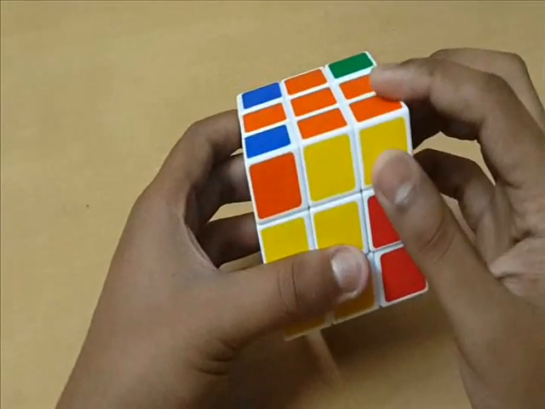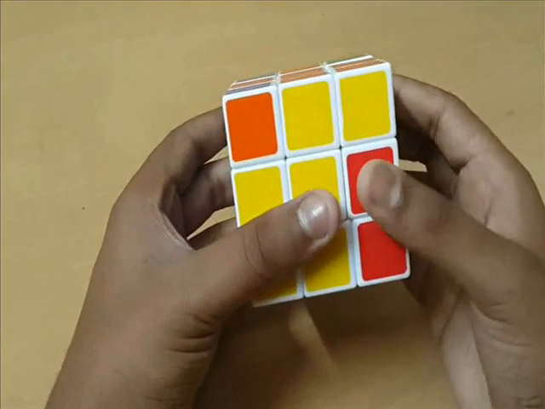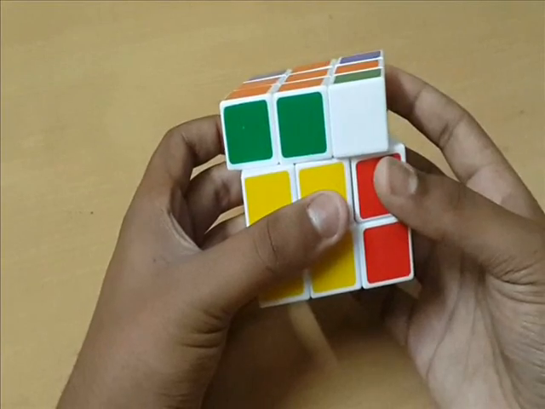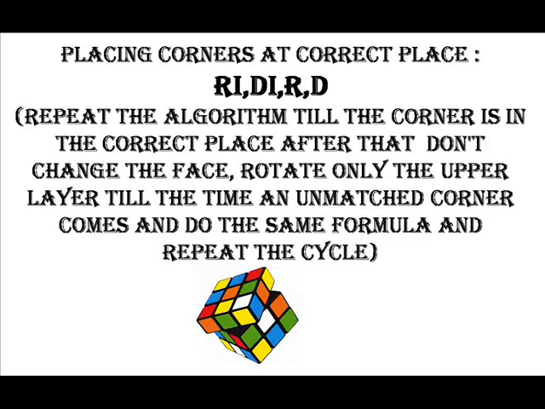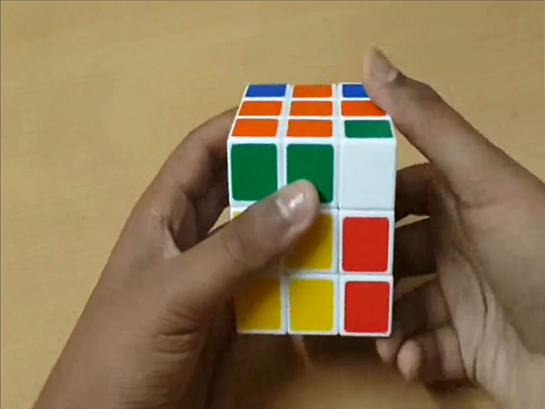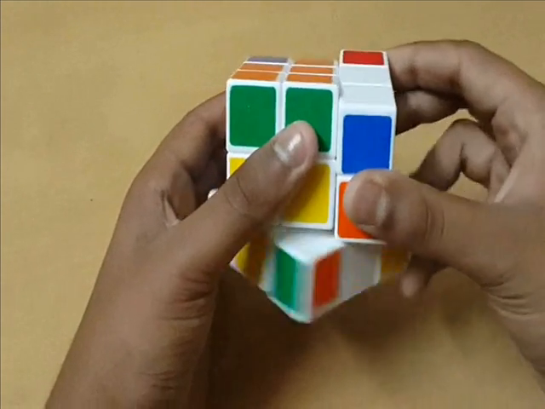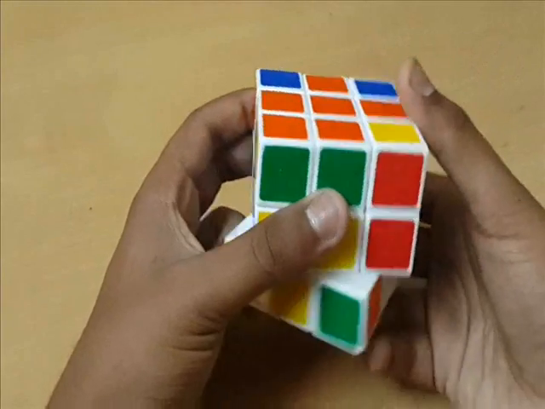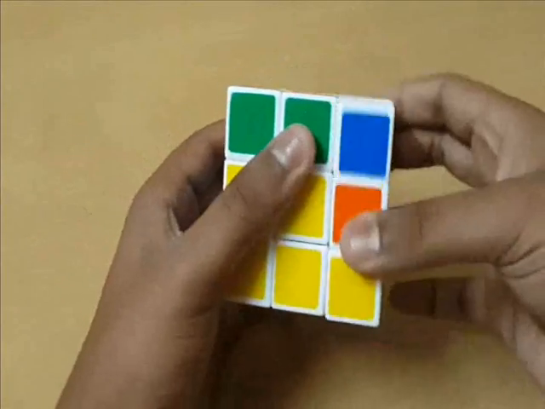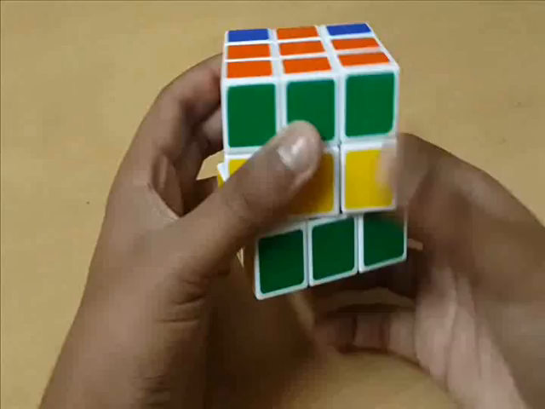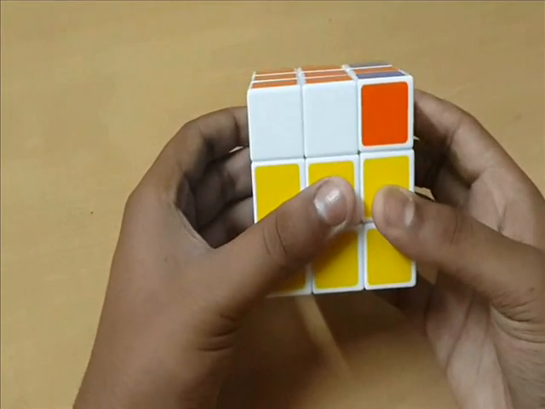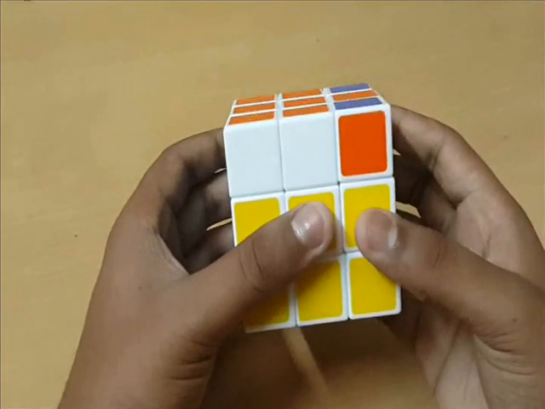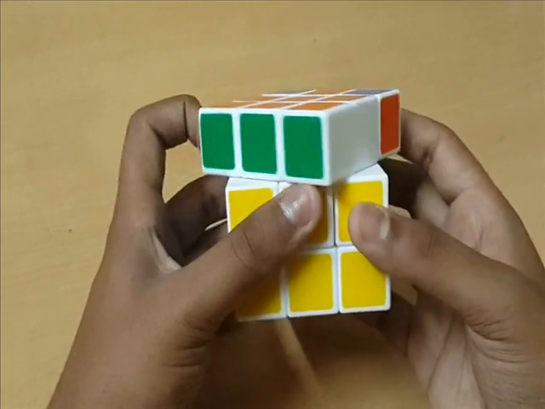So now you got this corner matched, and keep this face like this and rotate like this till you get another unmatched corner. Do the same algorithm R' D' R D. Then you have to keep this face still, and you have to only rotate the first layer.